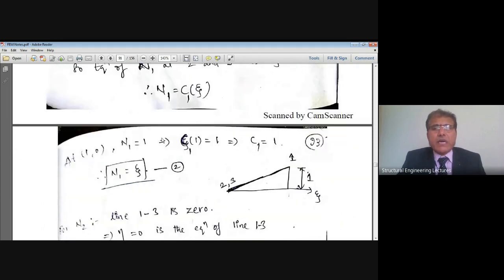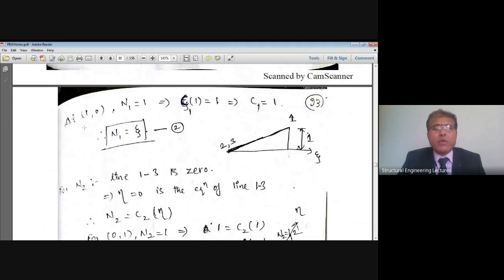However, this constant can be evaluated using the boundary condition at its own node, that in the local coordinate system at 1, 0, n1 is equal to 1. Therefore, substituting that here, I get c1 equal to 1. Back substituting in the previous equation, n1 is equal to xi.